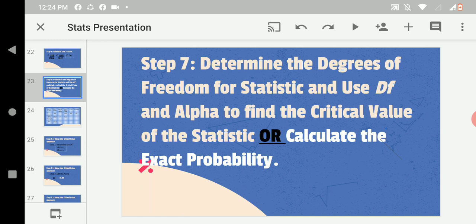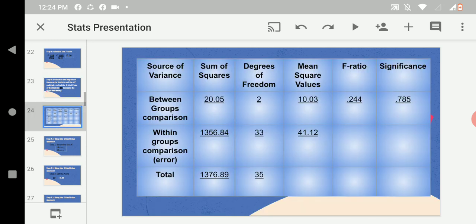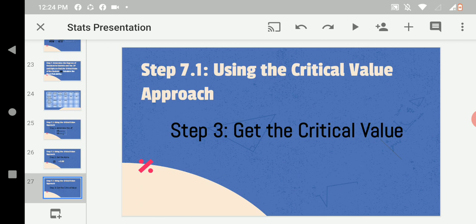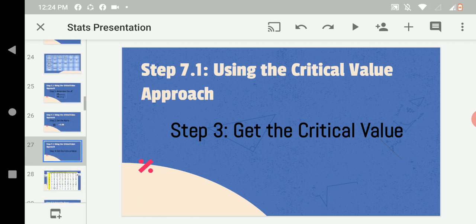The first way is the critical value approach. We have to determine first our degrees of freedom between and within groups. We already calculated that a while ago, so we have the answer 2 and 33. Next, we have to get the critical value.